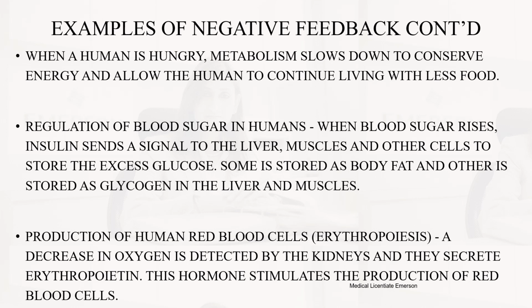The body will detect that there is a decrease in the oxygen being carried by the red blood cells, and the kidneys will secrete erythropoietin, and of course there will be a production of red blood cells. When you do full blood counts, someone will have increased red blood cells and hemoglobin as well. So that's why they encourage not to sleep with a brazier at home. Okay, so let's continue.